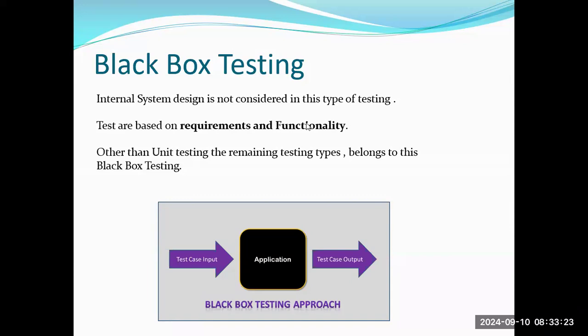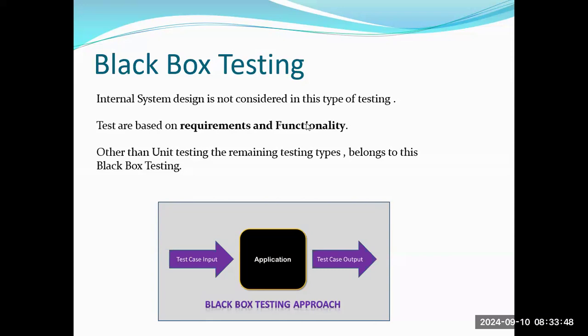Other than unit testing, the remaining testing belongs to what? Black box testing. So you can test any kind of application, guys. You can tell them, give me your application, I'm ready to test. Whether it is Java, Python, Ruby or AI, whatever the technology, we are ready to test your application, because we depend on requirements.